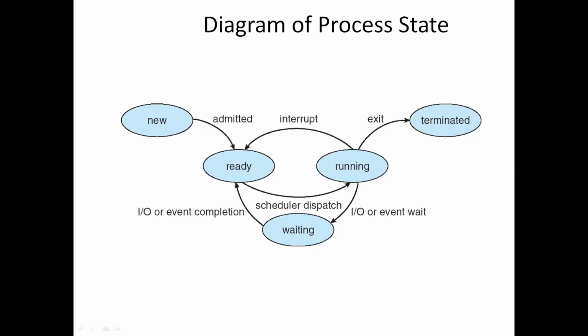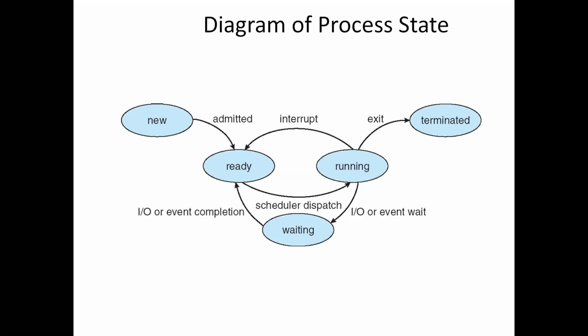Understood, right? Only one process can be running on any processor at any instant. A processor can run only one process at any instant.